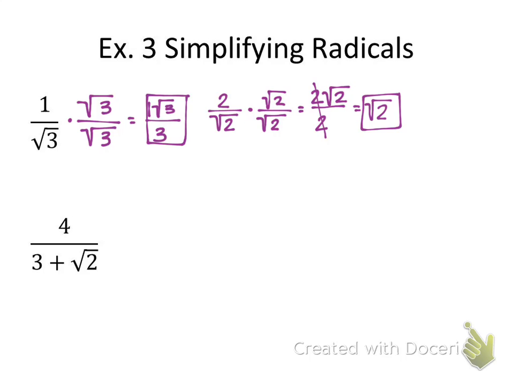Okay, last example. Now, on this problem right here, we have 4 over 3 plus the square root of 2. I said you can never have the square root sign or a radical sign in the denominator. So I've got to multiply by what's exactly in the denominator in order to get it out. But when I have 2 terms, this is exactly what you do.